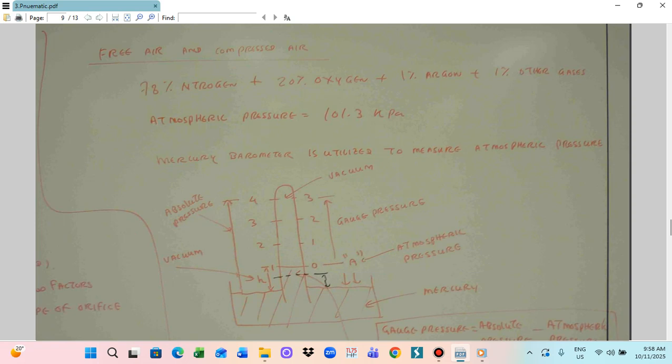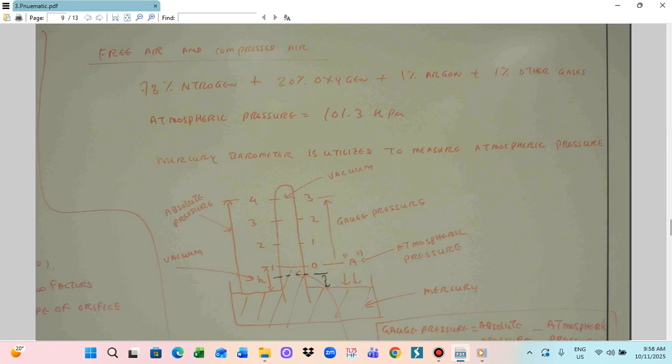Another thing is that normally the atmospheric air pressure is 101.3 kilopascal. This is the atmospheric pressure that we also utilize for compressed air pressure.